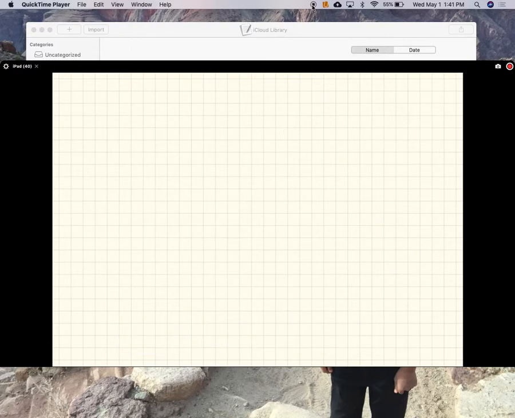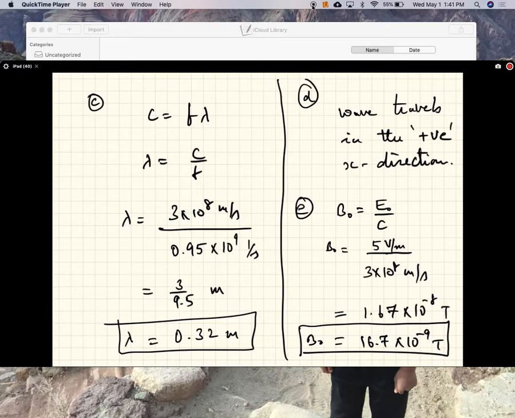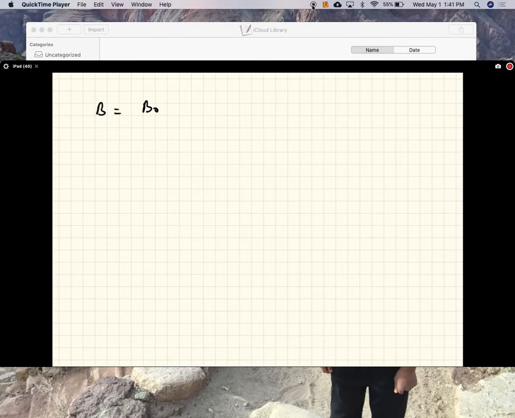Now we'll write the expression for B. The magnetic field is B naught cosine, so they are in phase, cosine of kx minus omega t plus phi.